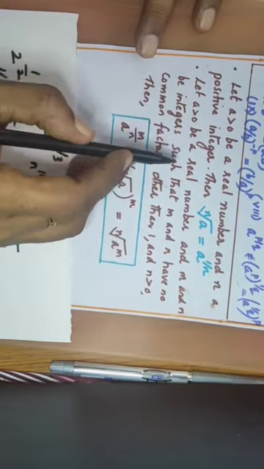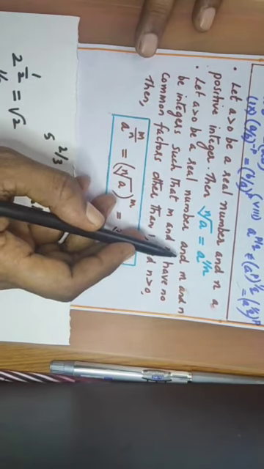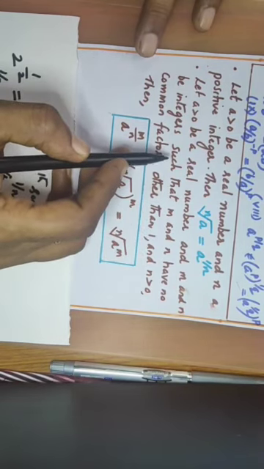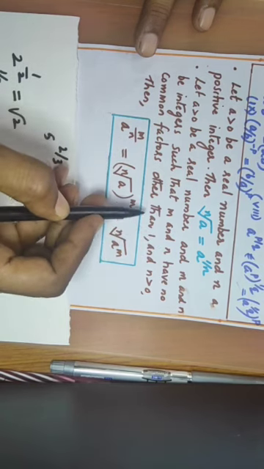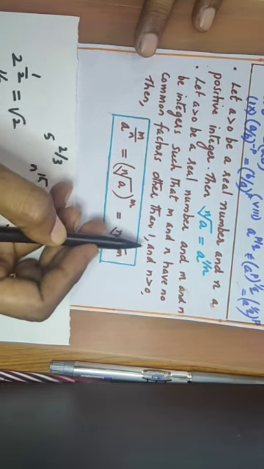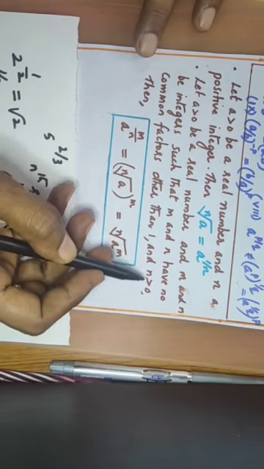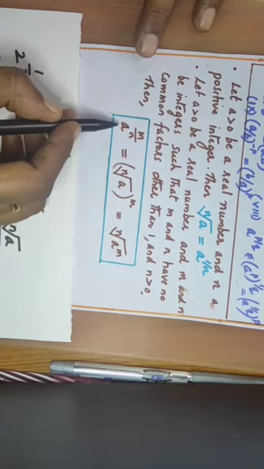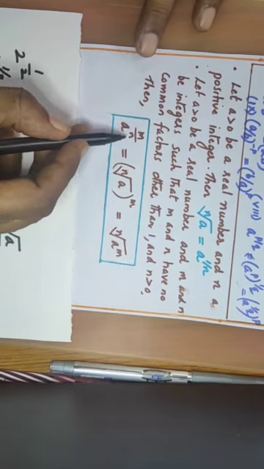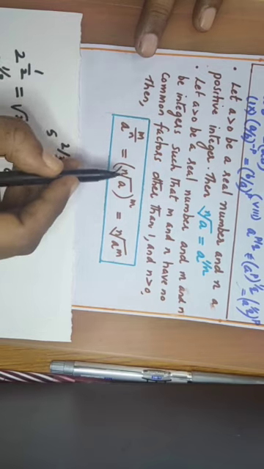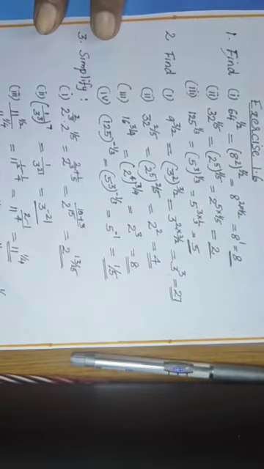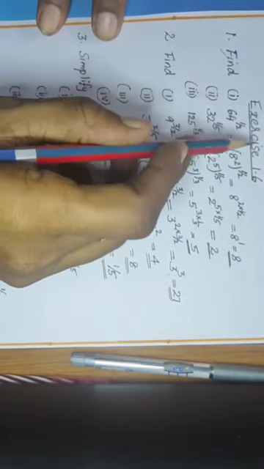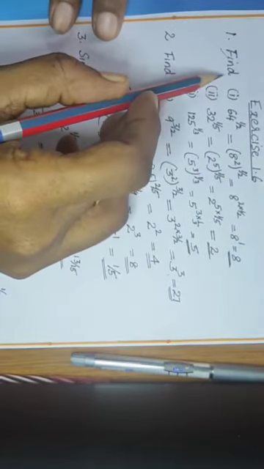Let a greater than 0 be a real number and m and n be integers such that m and n have no common factors other than 1 and n is greater than 0, then remember a raised to m by n, a fractional power, is equal to either of these forms. Let us solve some problems from exercise 1.6.